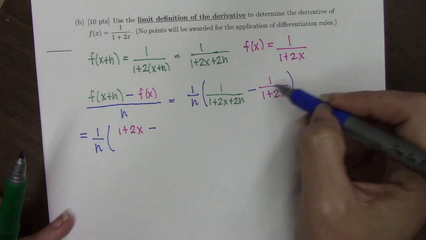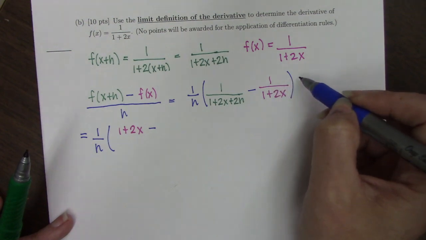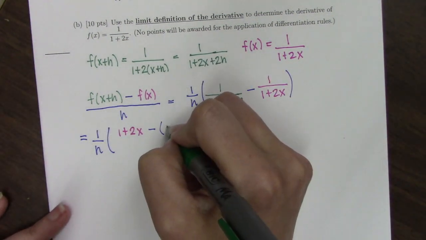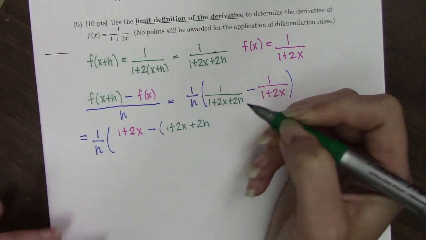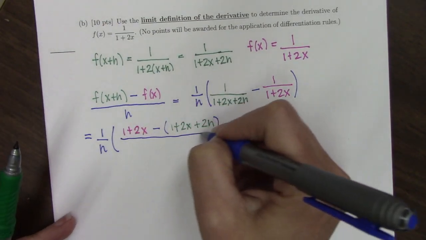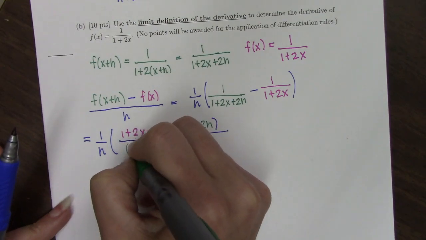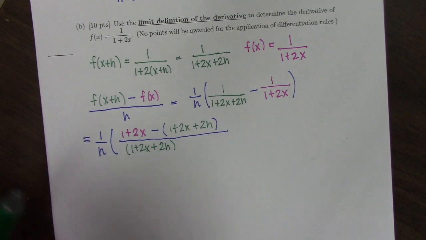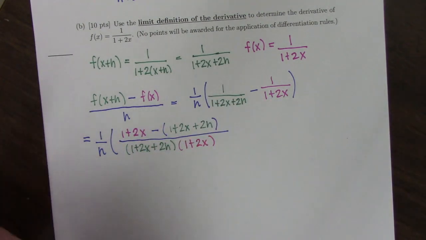Then I need to put the second piece in parentheses because this negative sign is going to need to get distributed across. So I'm going to multiply the second piece by 1 plus 2x plus 2h. All of this will be over my new denominator of 1 plus 2x plus 2h times 1 plus 2x.